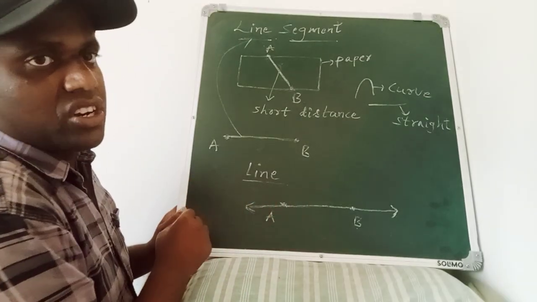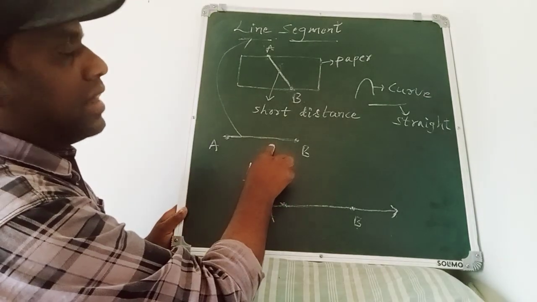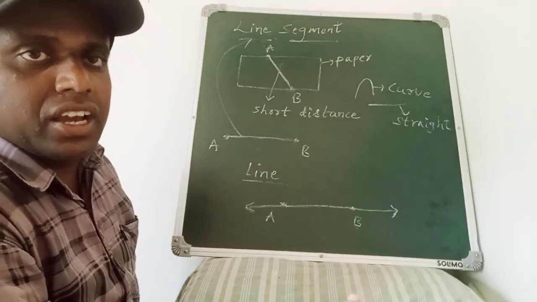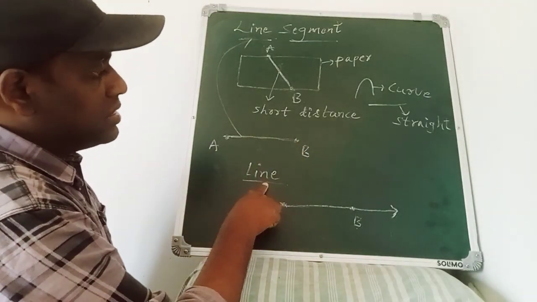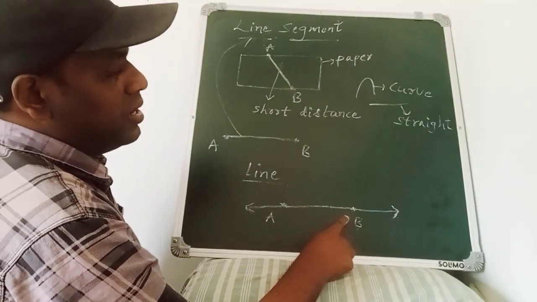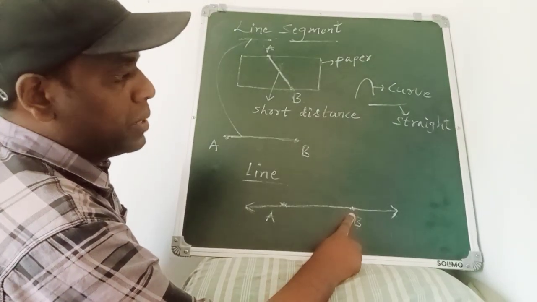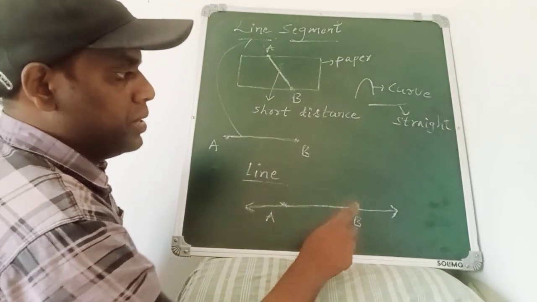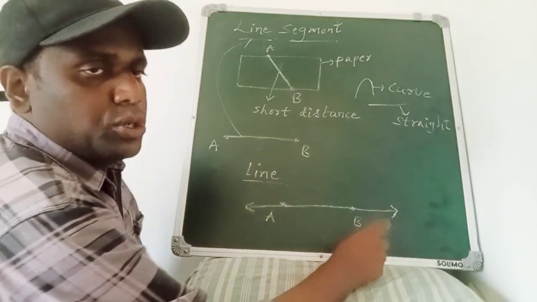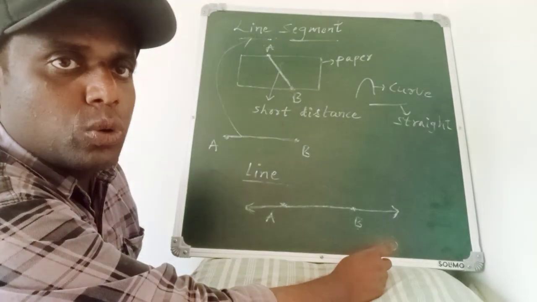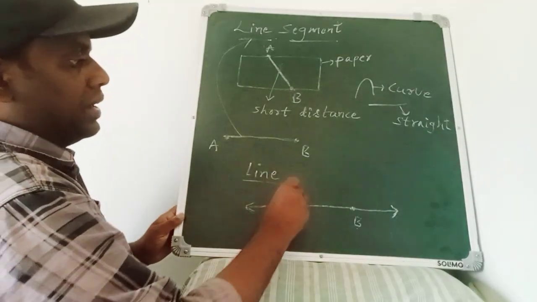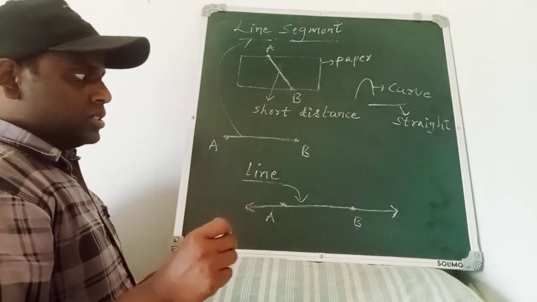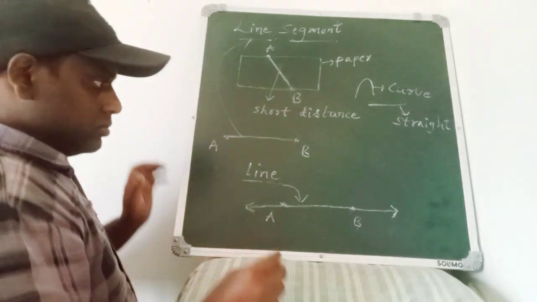The line segment does not extend after its end points, but this line extends beyond points A and B, and it will continue indefinitely. We don't know where it will stop. So this is called a line.